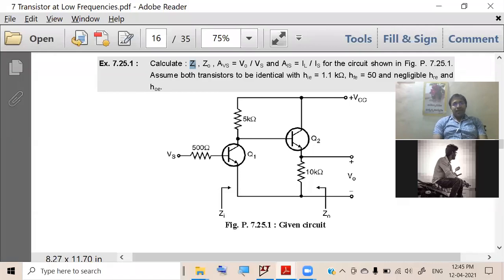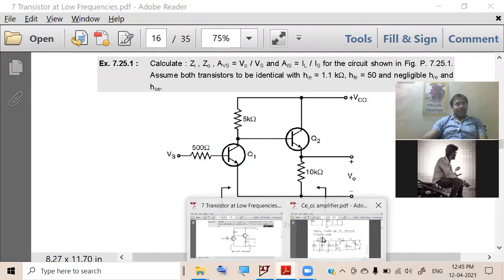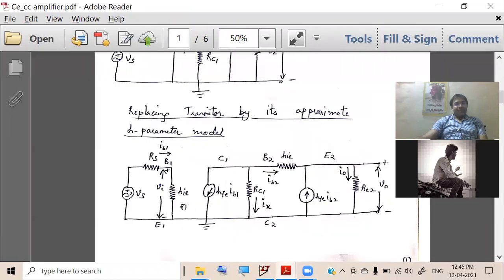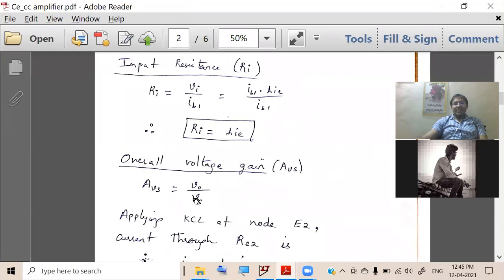No. ZI and RI, both are the same, and it is nothing but HI. One of your friends gave the correct answer. We saw this yesterday also.